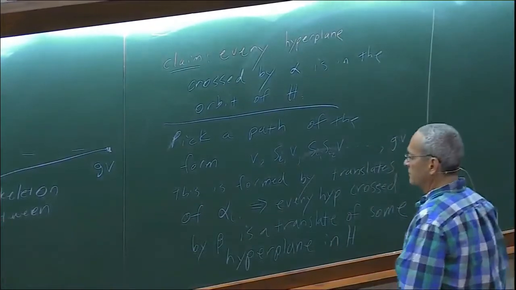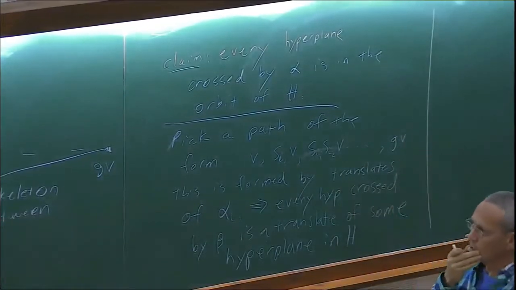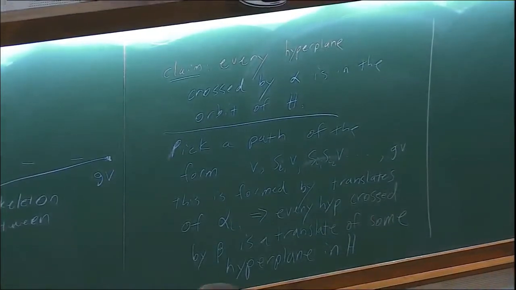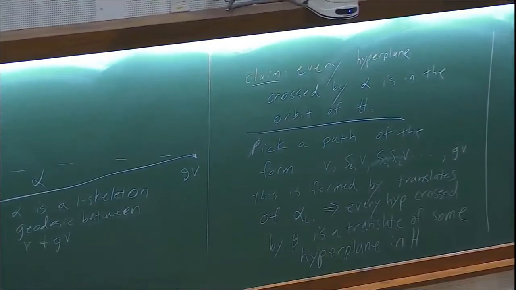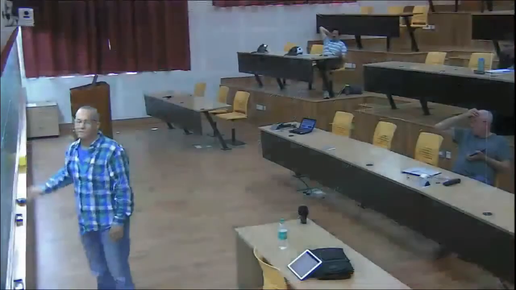So that means that since this is really, really long, you choose this to be really, really large compared to the size of H, and you can find many hyperplanes that are in the same orbit.